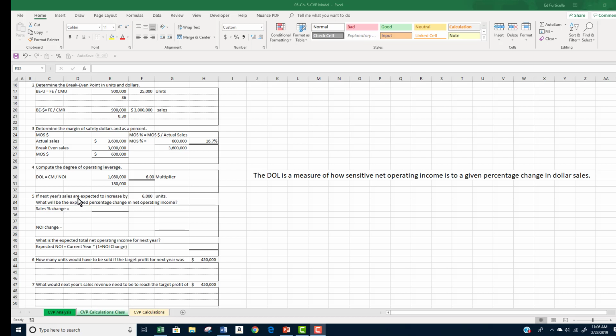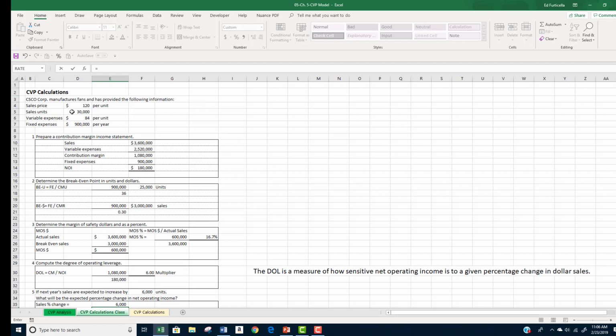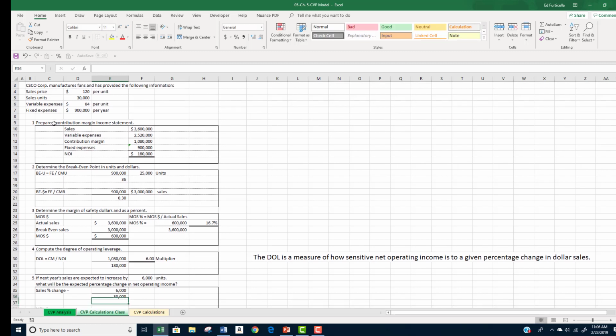So if sales are going to increase by 6,000, we put that 6,000 in the numerator, and then we go to our original sales amount of 30,000, place that in the denominator, divide the two, and you're going to get 20%. So an increase of 6,000 units is equivalent to a 20% change in sales.